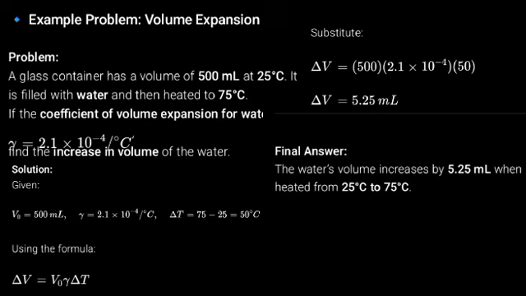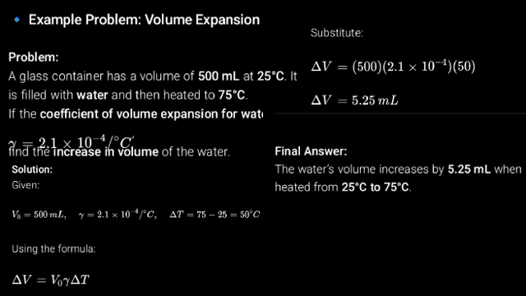Problem: a glass container has a volume of 500 ml at 25 degrees Celsius. It is filled with water and then heated to 75 degrees Celsius. If the coefficient of volume expansion for water is equal to 2.1 x 10 to the power of negative 4 per degree Celsius, find the increase in volume of the water.